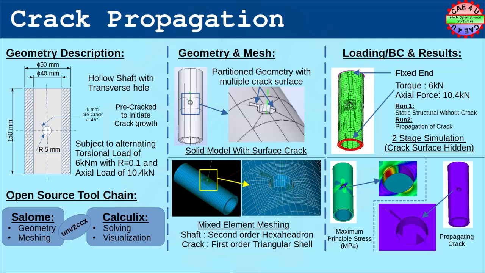Then, a static analysis fixing one end and applying the torsional and axial load at the other end was carried out. We observed that the crack orientation is close to the maximum stress of interest. Subsequently, crack propagation analysis was performed to calculate the crack length and cycles. With this, we complete the workflow.